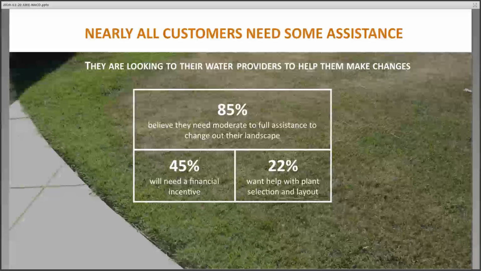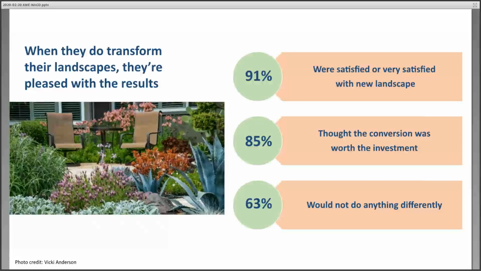And then, things like design and plant selection, people need help with too. It's not an easy thing to undertake. It can be daunting. So water utilities and other groups, like conservation districts, can play a role here in educating customers, leading them to resources that can help them with this process.